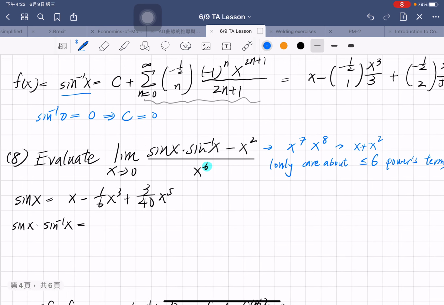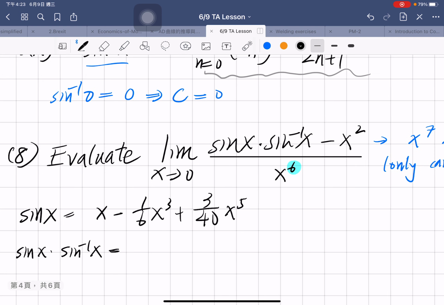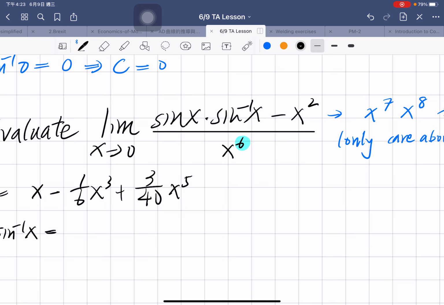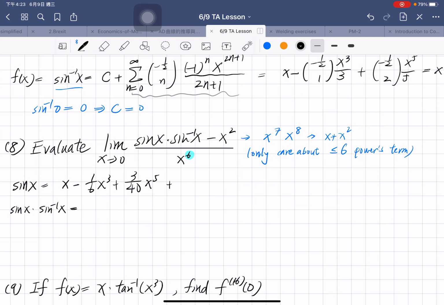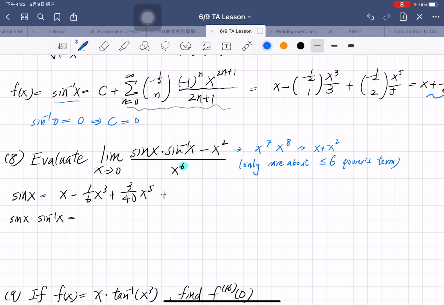Okay, so now we list out the first terms, because our sine will go to 7 power in the next term, so it will not be important. So we list out the first 3 terms, which will be the power less than 6, and for our arcsine also we list out the 3 terms. So this will be used in our problem 8, right? So when you multiply it together, you can do it yourself.